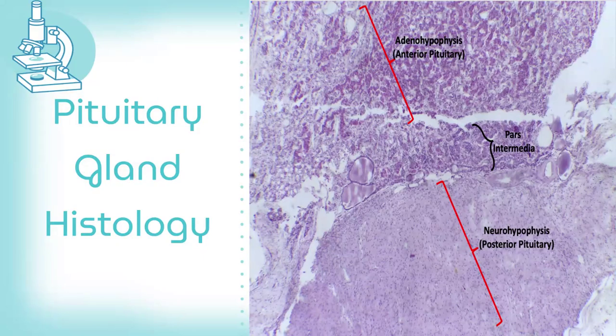When you look at it on the microscope by yourself and you zoom closer in on it, it looks like little brains, which helps to remind you of the neuro name portion of it. You can also just call it the anterior versus the posterior pituitary, but ask your professors because sometimes they do want you to use the other terminology.